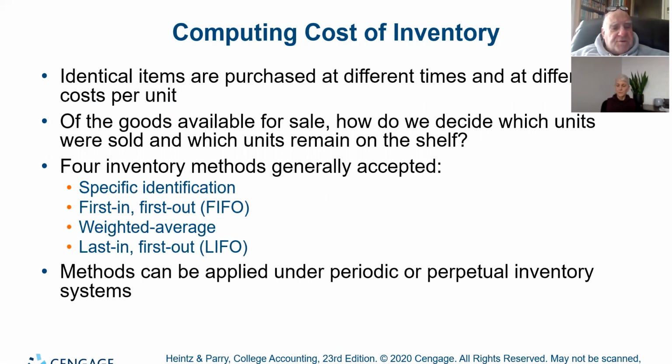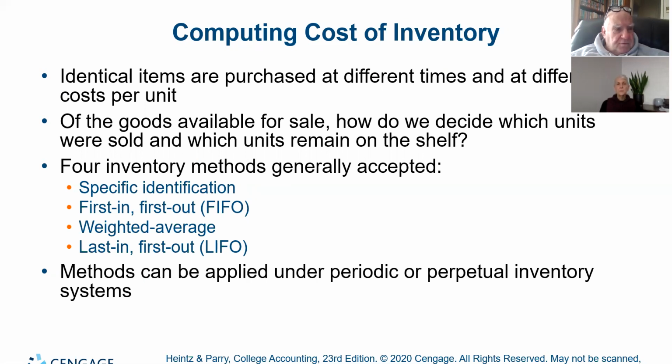We have 4 types: FIFO, LIFO, specific ID, and weighted average. FIFO is first in, first out. A company can choose FIFO to cost their inventory, which means that they are going to pretend that they always sell the oldest item first.